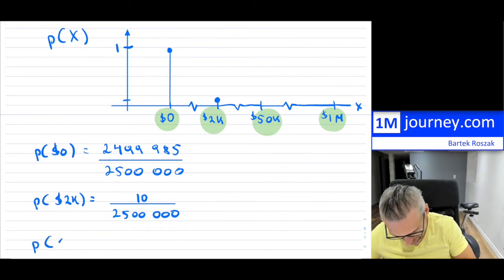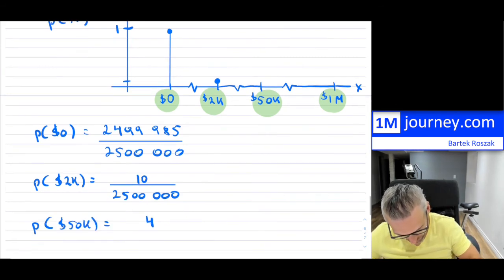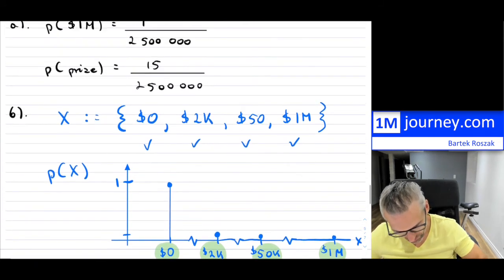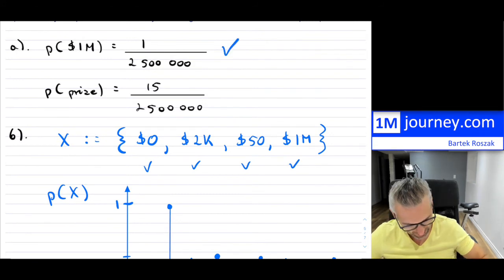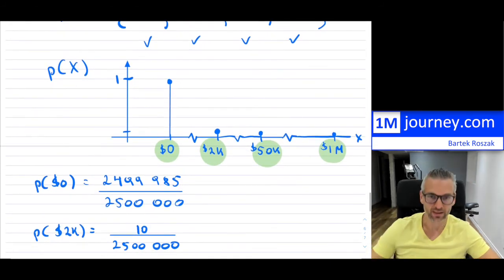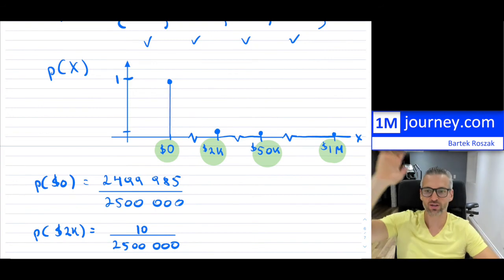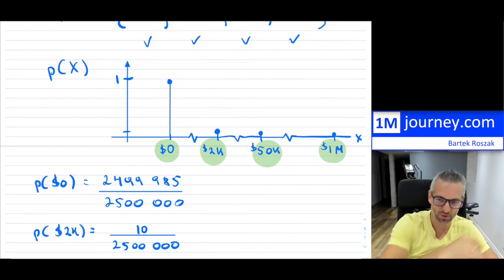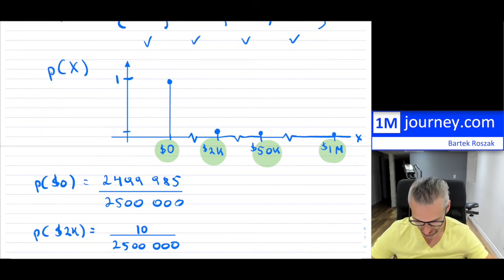Then the probability of 50,000 is even less. There are 4 of those, so it's going to be even lower. And then this one is going to be 1 over 2.5 million. As you can see, the distribution is all pretty much stuck at 0. Nobody wins. And then there are a few happy campers on the other side.